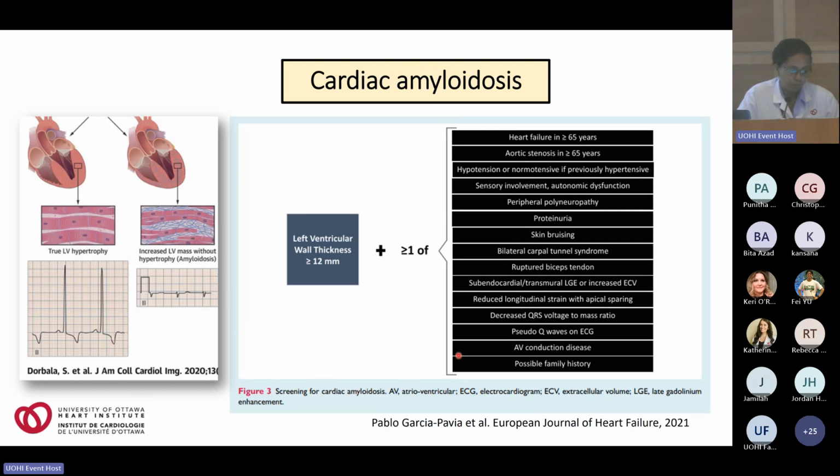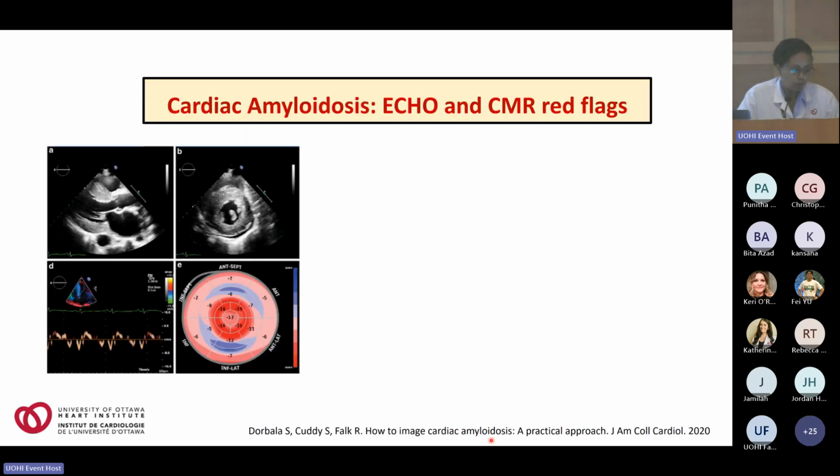So in addition, there are other clinical and imaging clues that may lead to the diagnosis. On echo, we typically see the LV hypertrophy could be concentric or it could be asymmetric. We no longer rely on this speckled appearance as it may be seen in many cases.